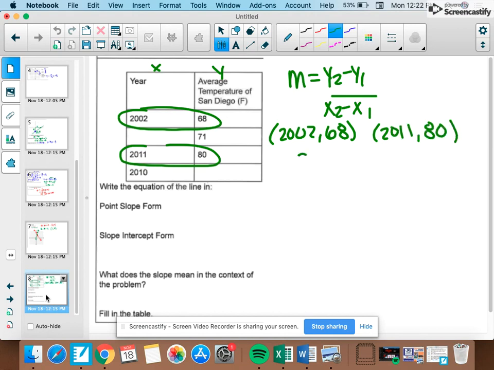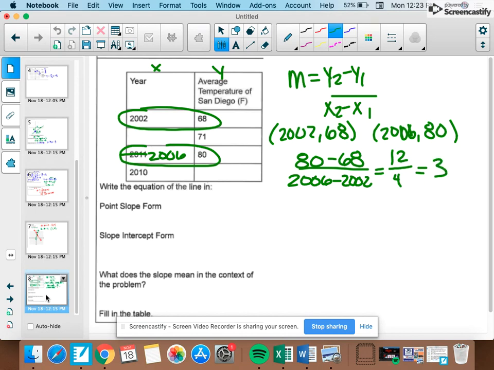So I'm going to do 80 minus 68 over 2006 minus 2002. So that's going to give me 12 over 4. So my slope is 3.